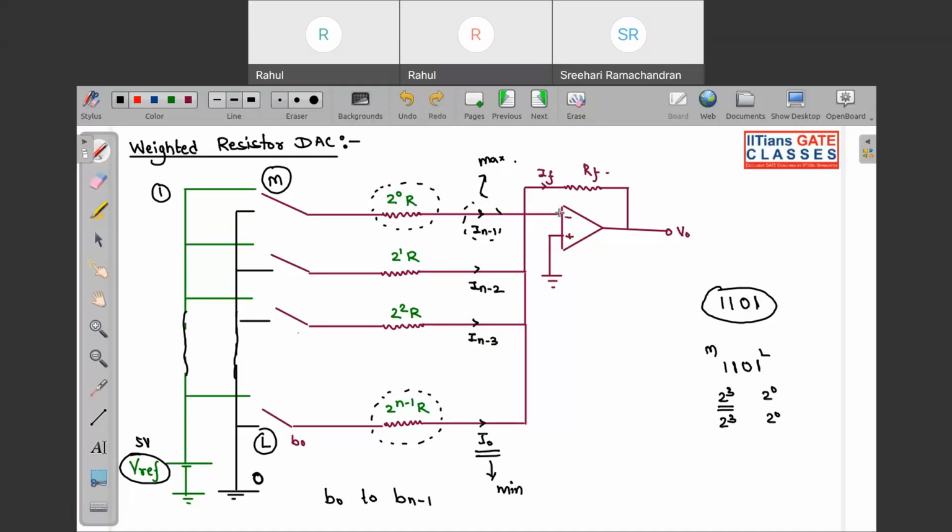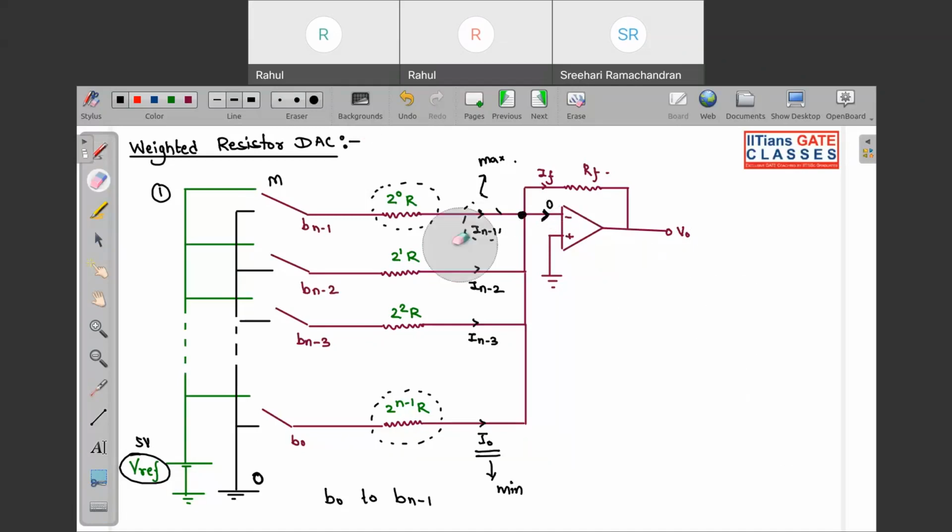If we want to derive it for n bits, let me show you how to do that. Basically at this point, we know that for an ideal op amp, the current going inside the op amp is 0 ampere.